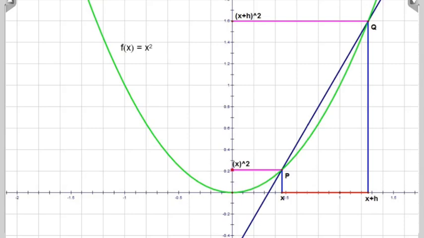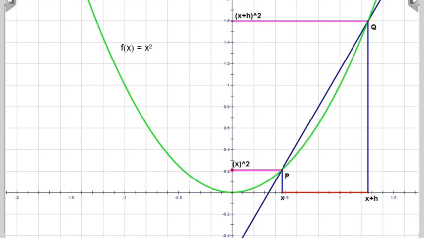a point would be. Now I'm going to move Q closer and closer to P, and I want you to see how the gradient of that line segment between Q and P changes and gets closer and closer and closer to the tangent line at P, as Q gets so close to P as to be virtually on top of it.